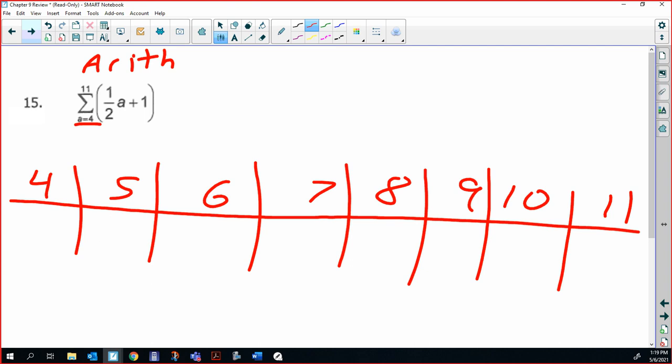Now, you don't really need all of them. You just need the first one and the last one, technically. So you got to plug in 4, and we got to plug in 11 at a minimum. You plug in 4. 4 divided by 2 is 2, plus 1 is 3. You plug in 11, you get 11 over 2 plus 1. 11, 12, 13 over 2.